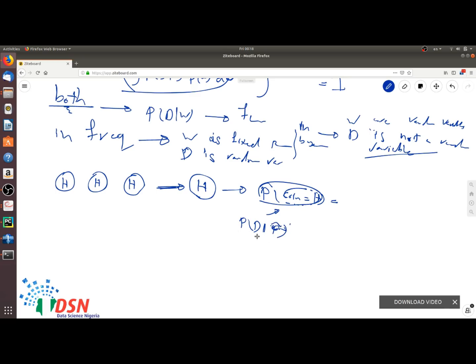If you maximize this, you end up with your estimation equal to 1.